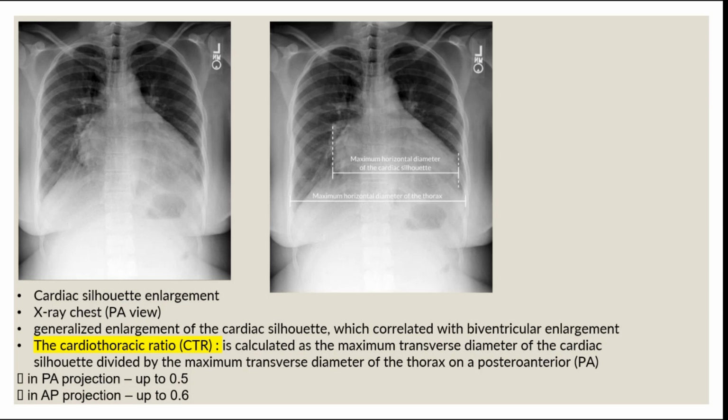In anteroposterior projection, it shouldn't be more than 0.6, and in posteroanterior projection, it shouldn't pass 0.5. So in case these values are higher, it's a sign of enlargement of the heart. Okay, go.